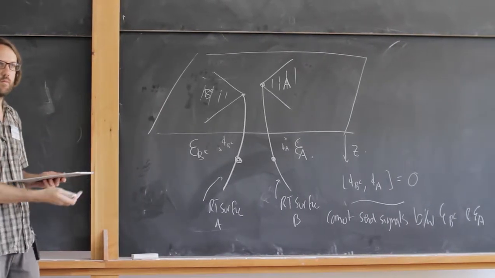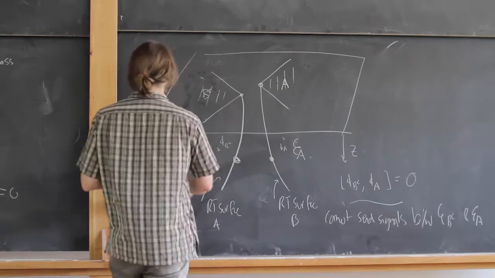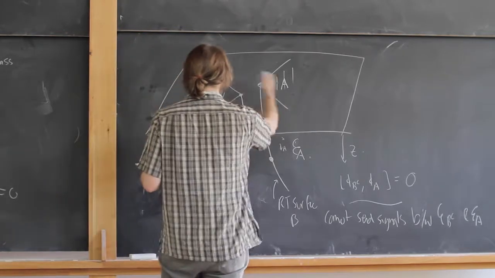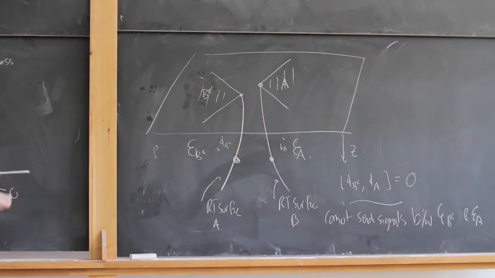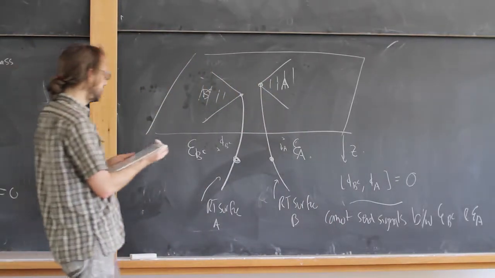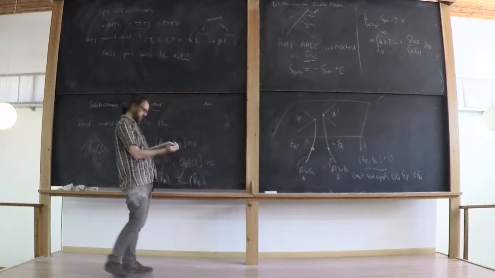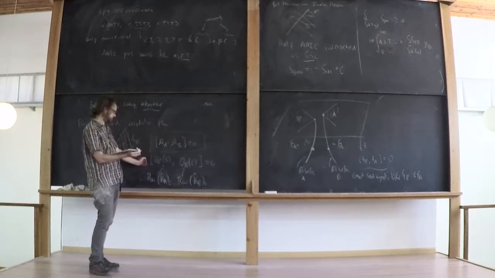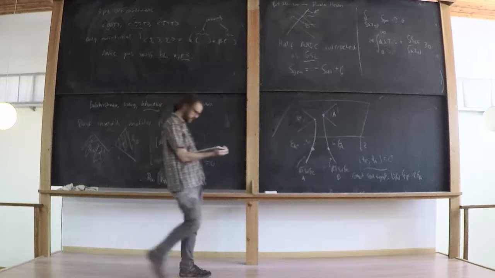Again, it's modular flow for the state you're interested in. This could be some state which has some excitation in the bulk somewhere, so these RT surfaces are non-trivial, and you have to use that modular flow. That's why thinking about modular flow is interesting in this context.